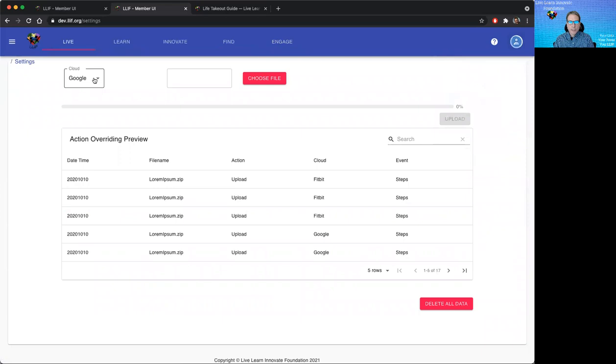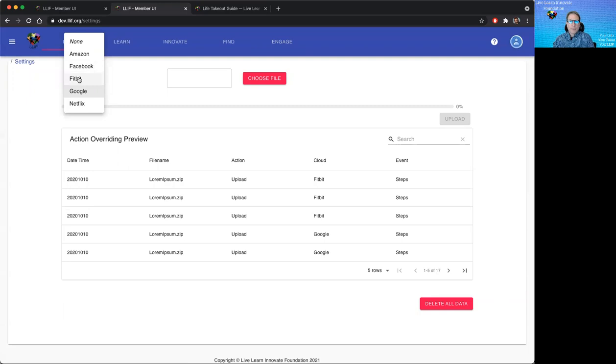And these are the current clouds we support: Amazon, Facebook, Fitbit, Google, and Netflix. These were representative of a smattering of data types. So Amazon, we have the shopping. Facebook was to show you levels of social interaction, breaking messages down into private, group, and public.